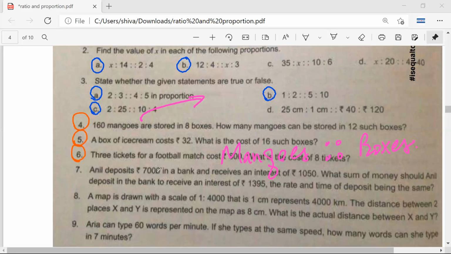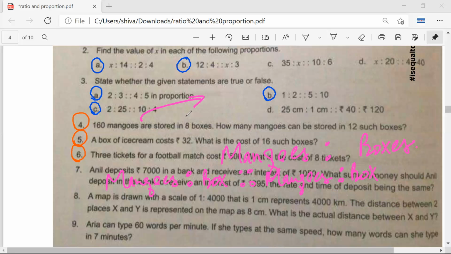See, you can write it like this also. If you want to use ratio and proportion, mangoes is to box is to mangoes is to box. Any doubt? No, sir. Because finally, at the end of the day, you need to find the ratio of mangoes to boxes, and the ratio should be the same.